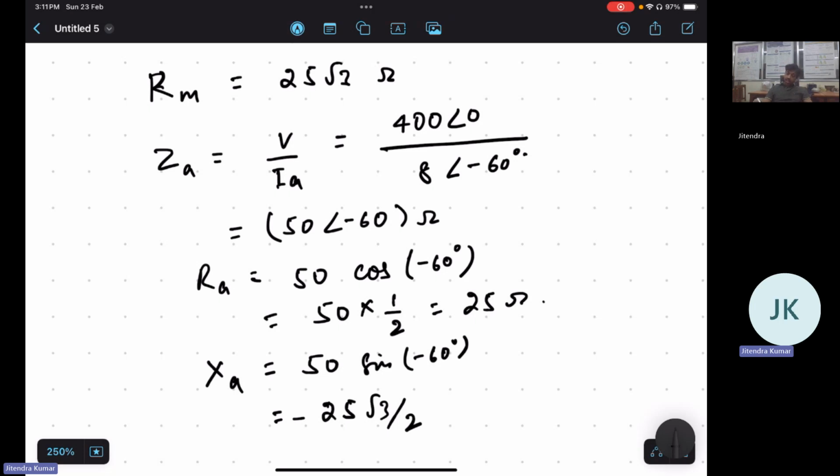Since we have calculated the effective resistance of auxiliary winding as well as main winding, we can also calculate the ratio.